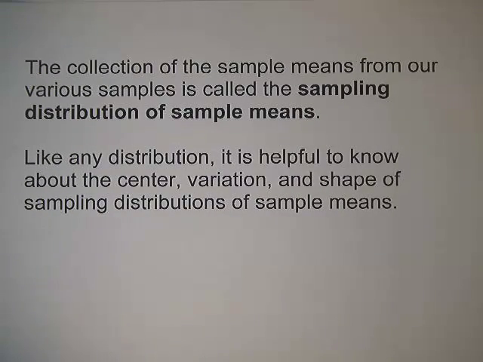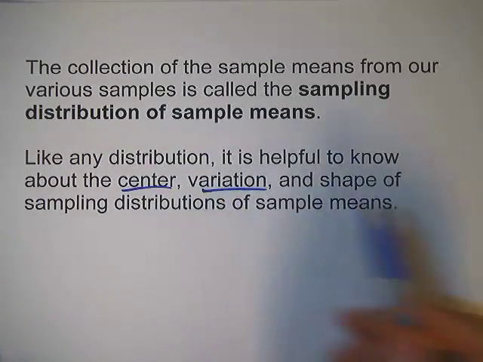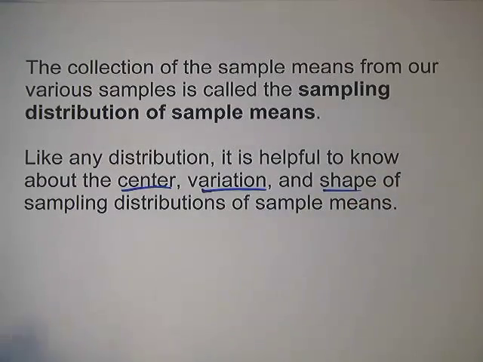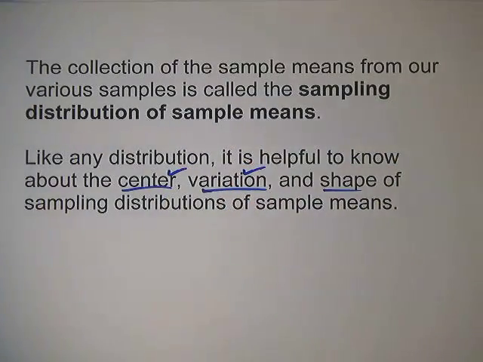If we took all of those sample means and graphed them as a distribution, it would be the sampling distribution. Since it's a distribution of means, it's a sampling distribution of sample means. Like any distribution, it's helpful to know about the center, the variation or spread, and the shape. Today we're going to focus on center and variation.